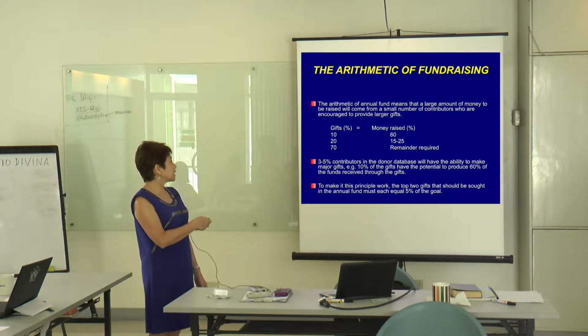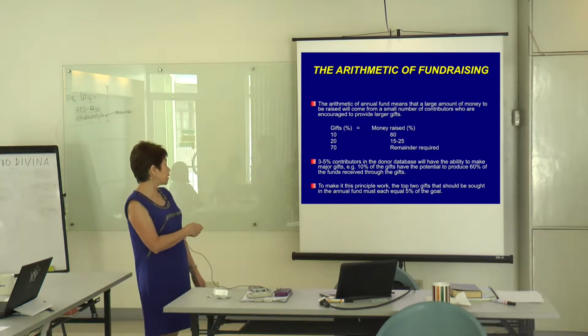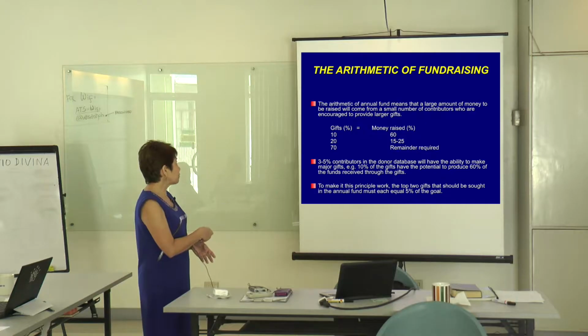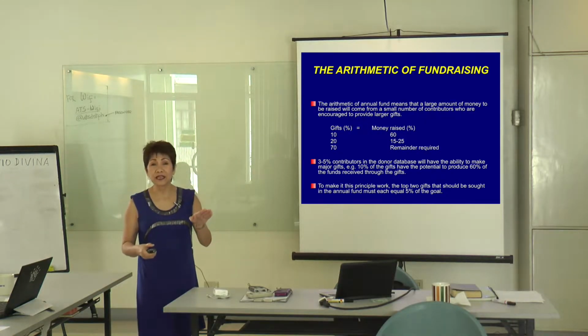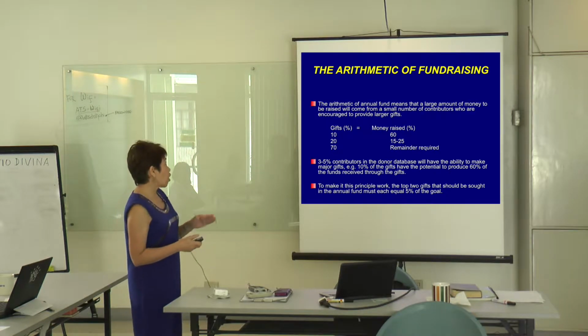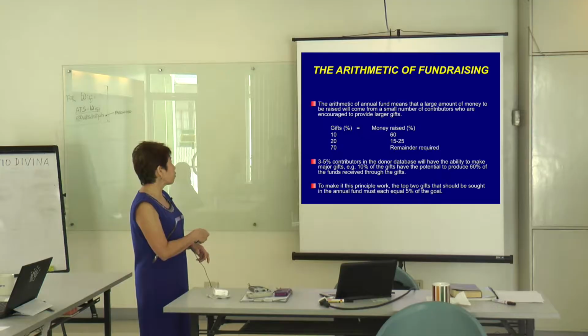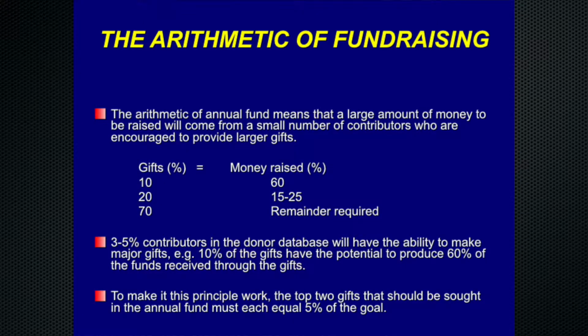On the right side is the percentage of money to be raised. Now, 10% of the gifts have the potential to raise 60% of the goal, the fundraising goal. 20% will come from 15 to 25% of the money that will be raised, and then the remainder required will be 70% of the gifts.